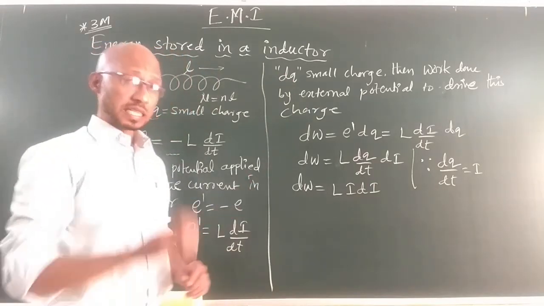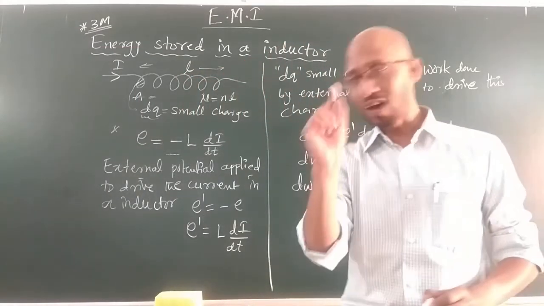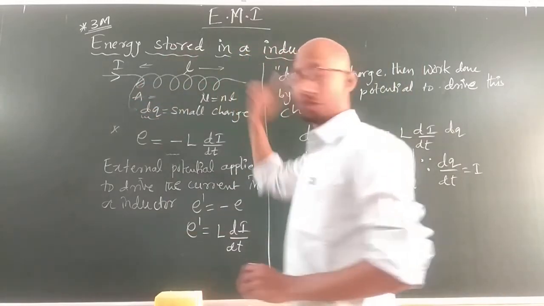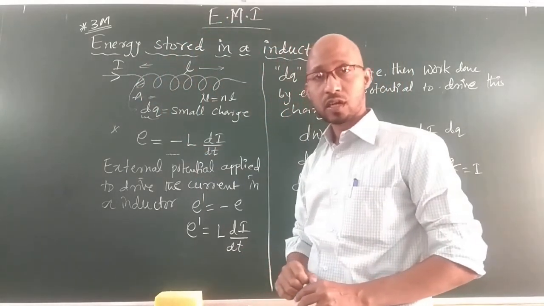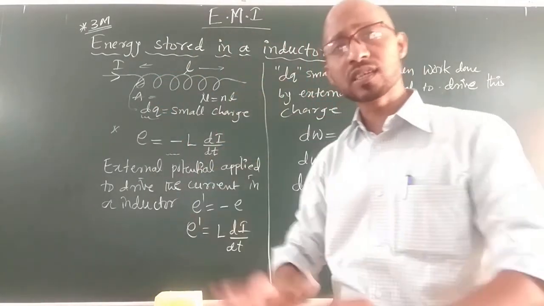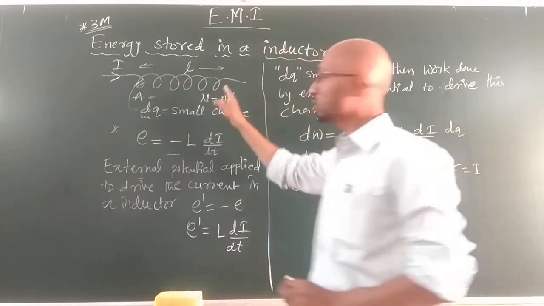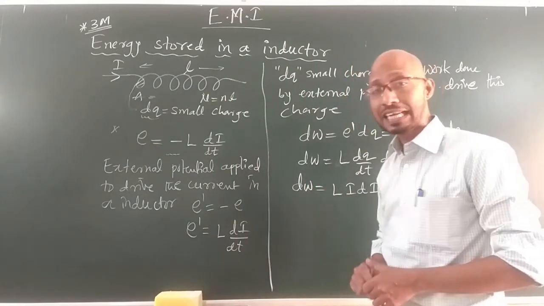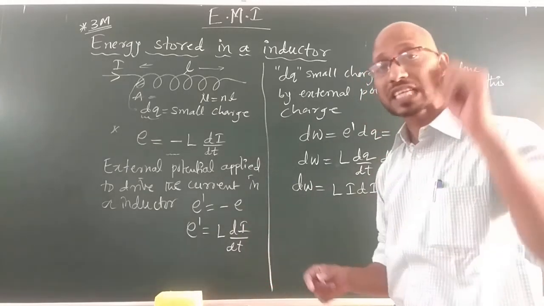Now this is the small amount of work done for a single charge to drive from this point of the coil or inductor to this point. If there are many charges, how much energy or work is required to drive all the available charges from this point to this point? How much amount of energy? Now I have to integrate the above equation for the current to reach its maximum value.